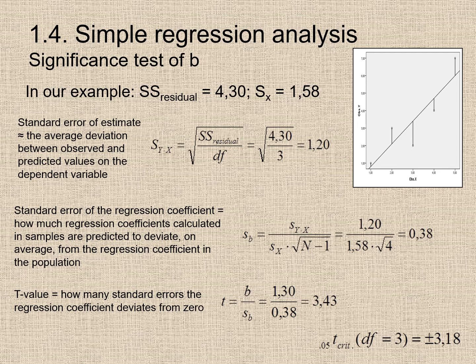With 95% probability, the regression coefficient calculated in the sample will be within 3.2 standard errors from the population regression coefficient. So if the regression coefficient in the population, for instance, would be 0, the regression coefficient in the sample with 95% probability will deviate maximally 3.2 standard errors from 0.